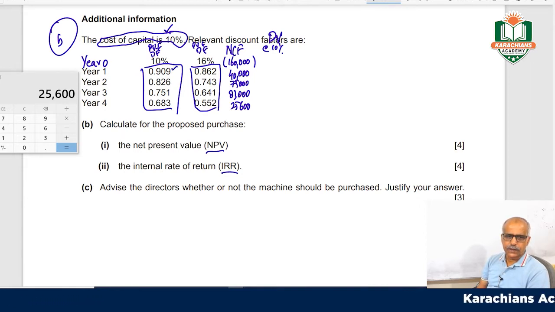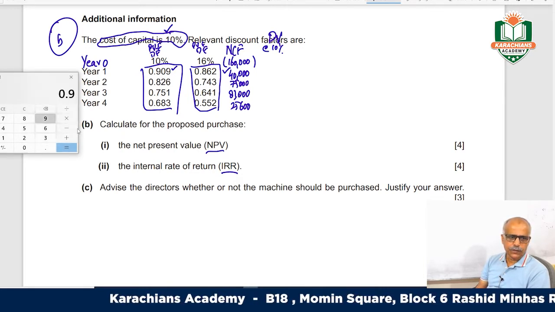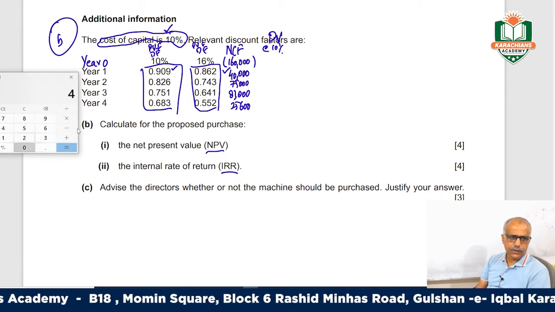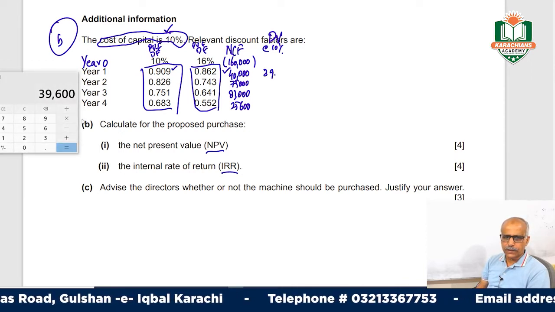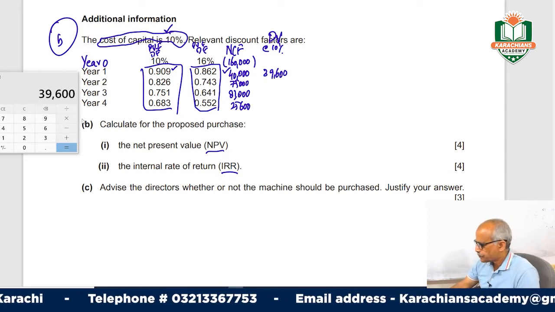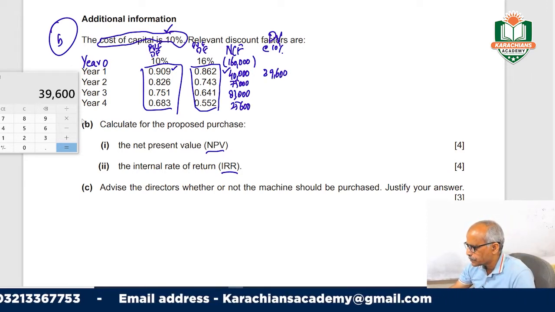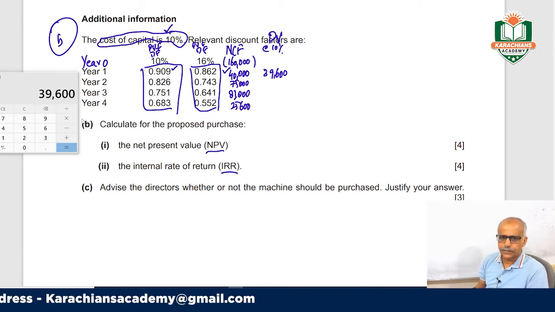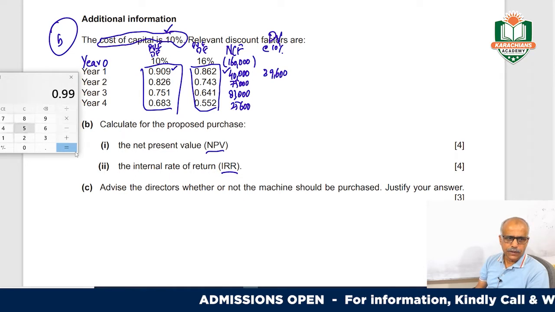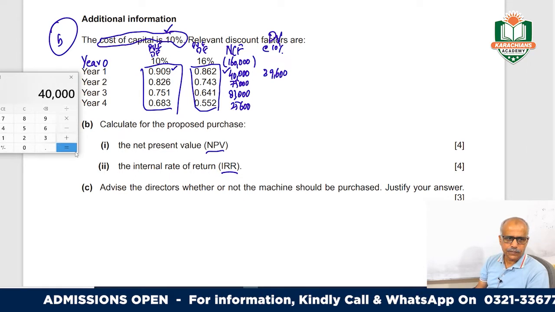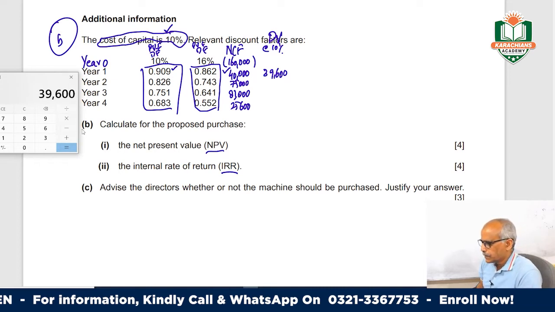This is 0.909 multiplied by 40,000, your cash flow. Just 1 minute.